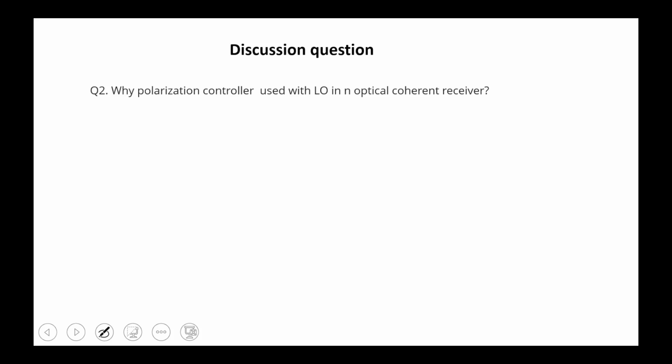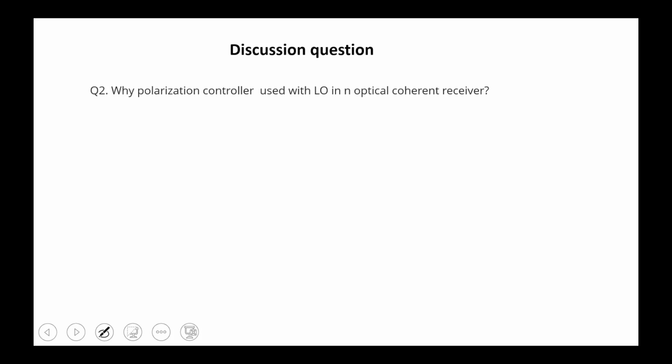Why do we use the polarization controller? So what happens in that case?